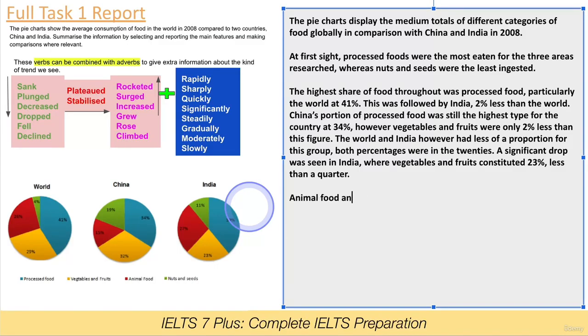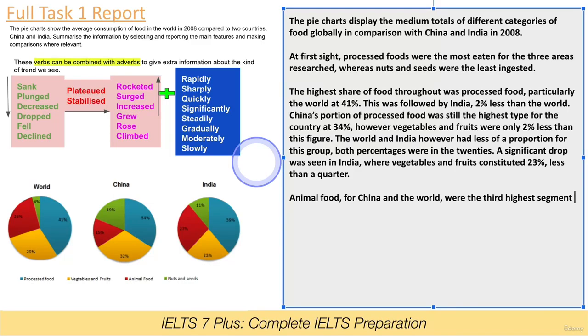Animal food, for China and the world, was the third highest segment. It was the third highest food category.